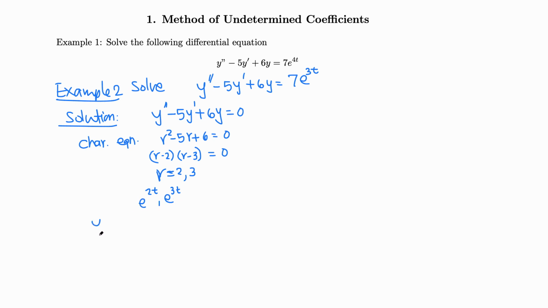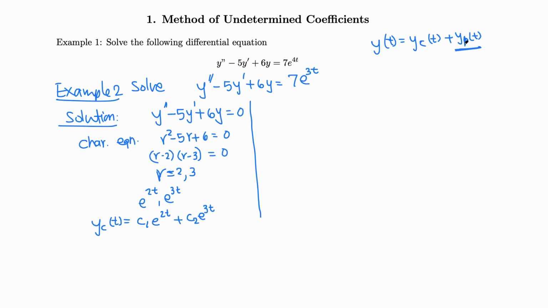And a linear combination is called the complementary solution. We write yc equals c1 e raised to 2t plus c2 e raised to 3t as the complementary solution. That was not the issue. The issue was finding a particular solution, because a general solution of this equation is yc, as we learned in the previous section, plus yp.